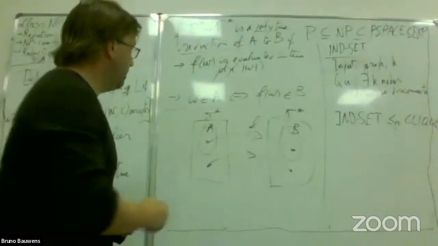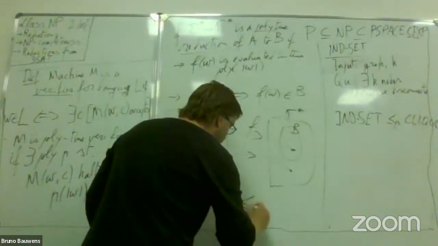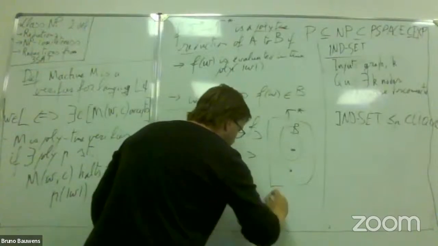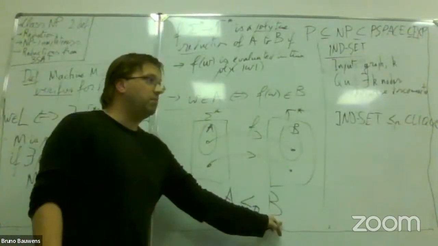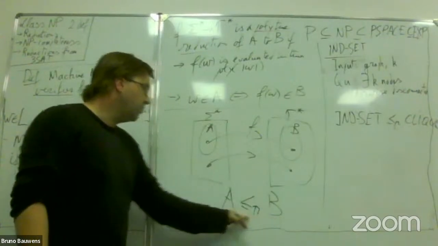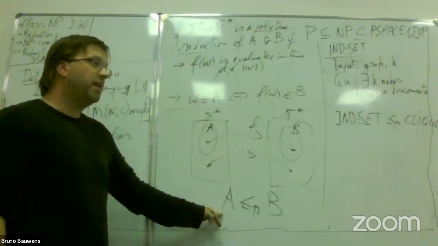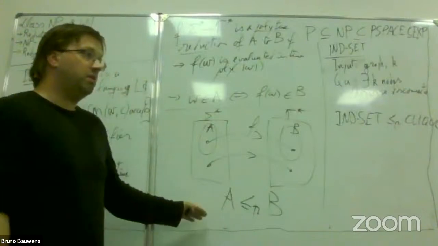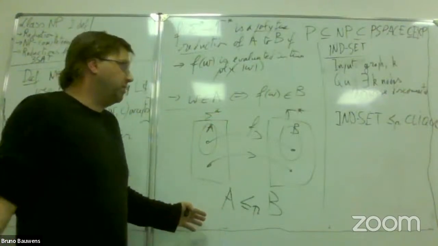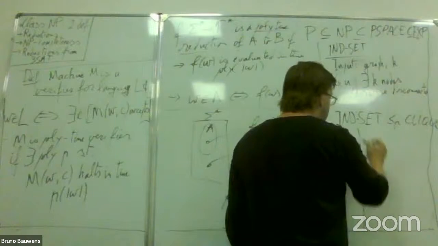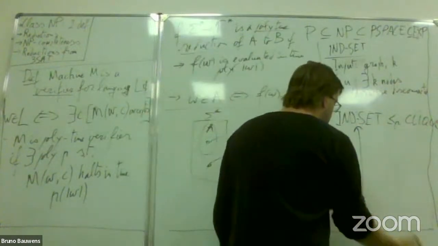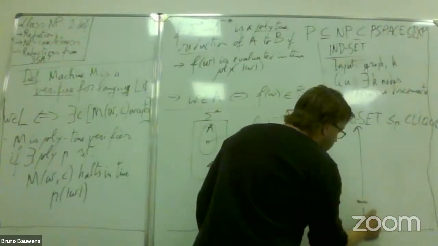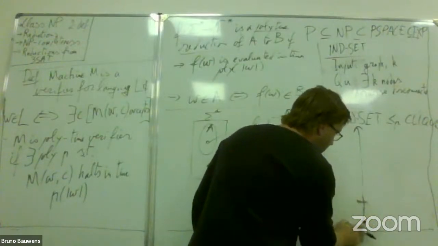If such a function exists, we write A is less than B, meaning A is kind of easier. Almost all the problems in the first 8 lectures you can place on a line. They are comparable. So the line starts with problems in P.